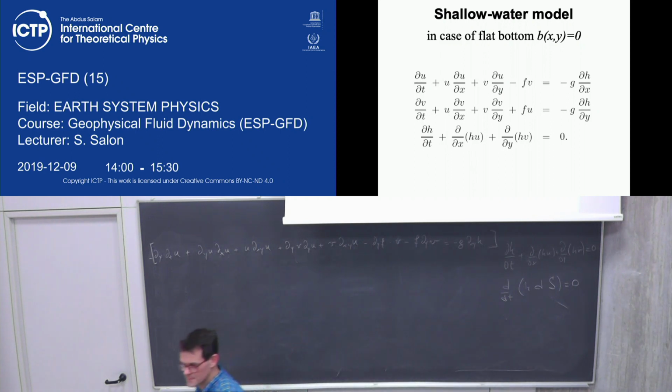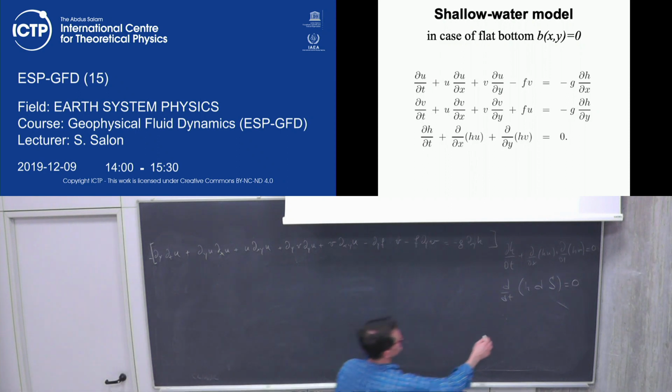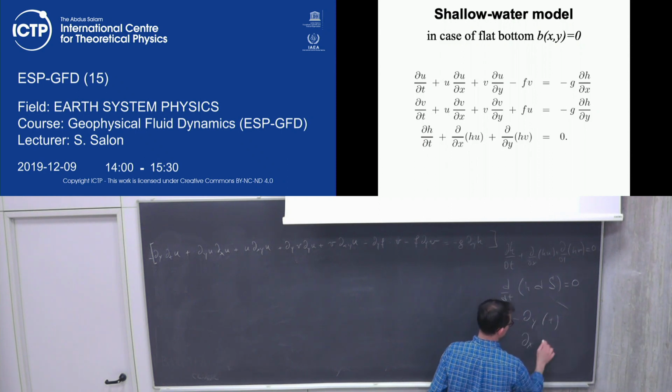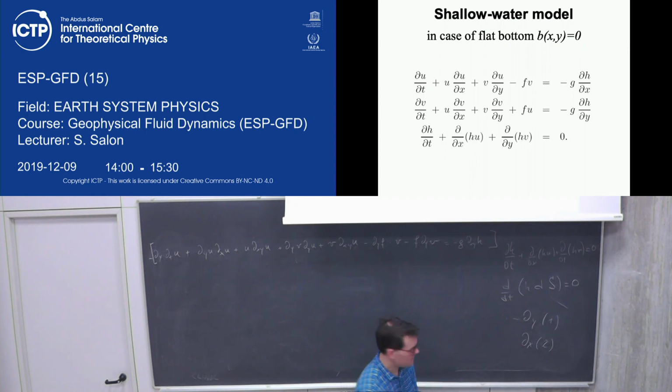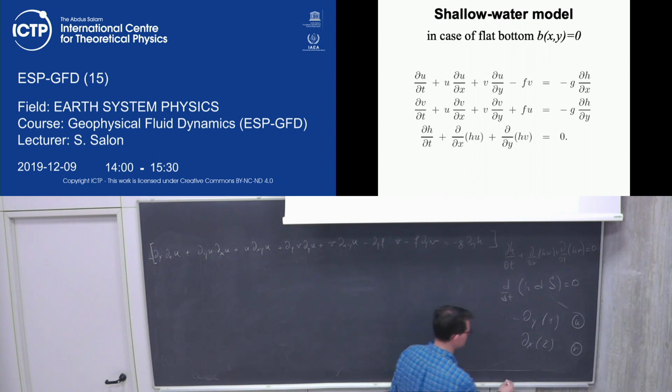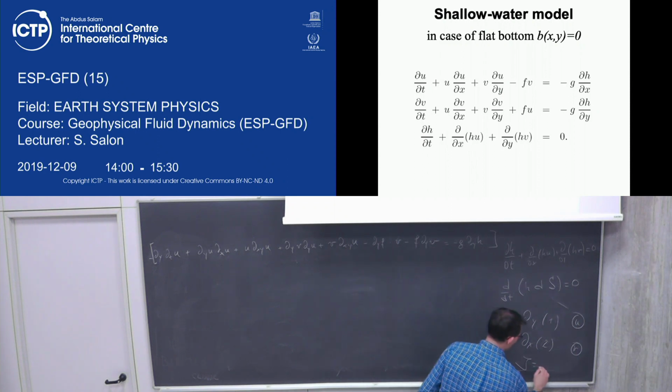Sorry. You are ready? What are we doing? Are we taking the minus d y of the first equation and the x derivative of the second? Because the first equation concerns u, the second equation concerns v, and we are interested in zeta, which is d x v minus d y u.